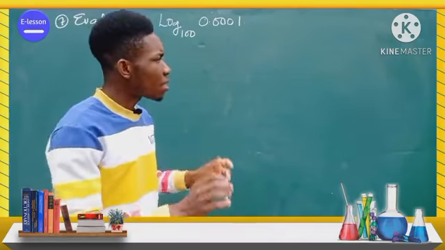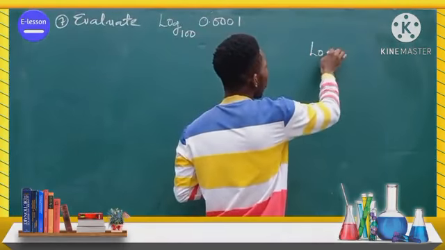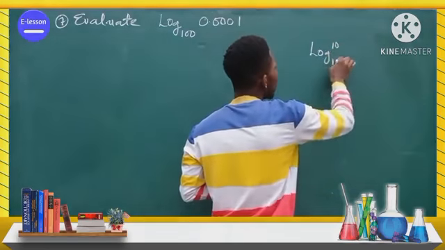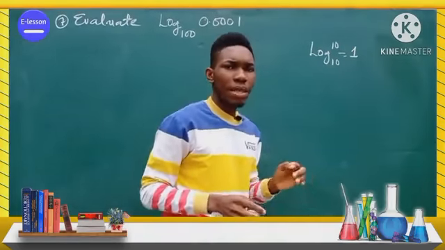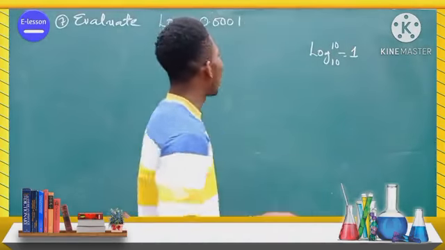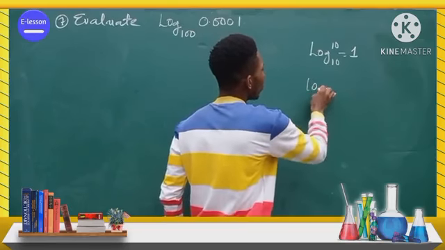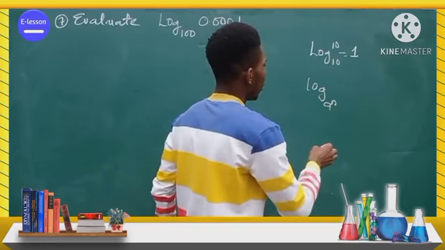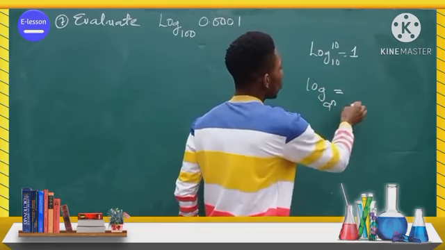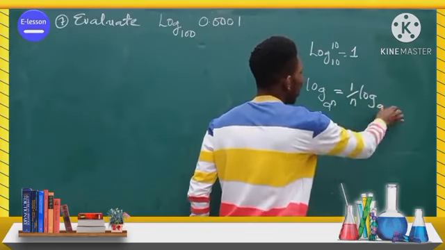Now, the first thing you need to know is the law of logarithm that says log 10 to base 10 is equal to 1. Log 10 to base 10 is equal to what? 1. Now, there's another law of logarithm that says log a to base n is equal to 1 over n log a.